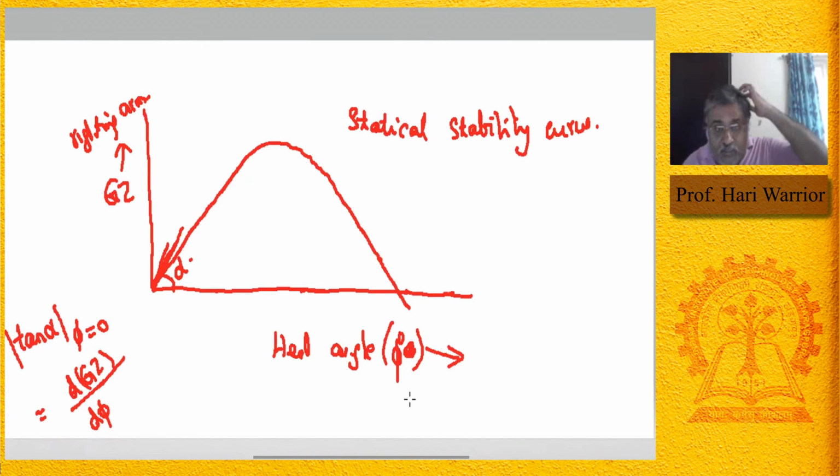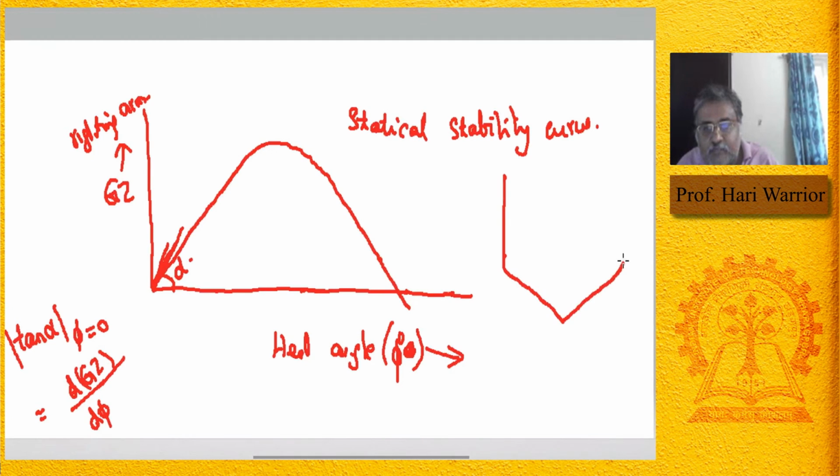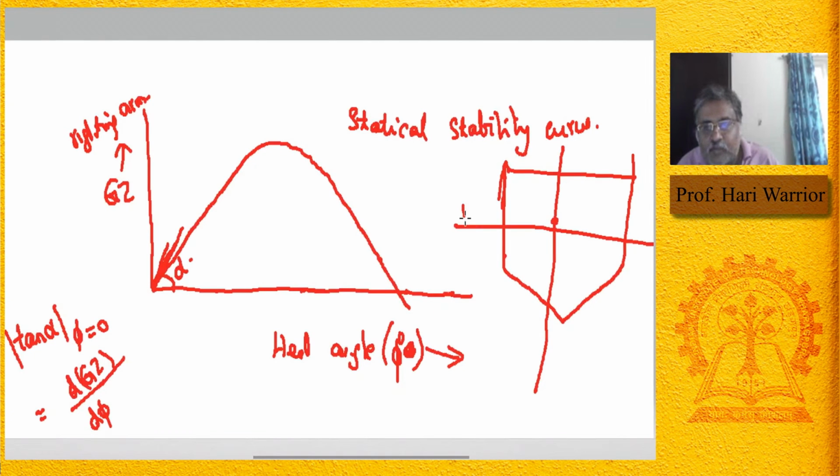Now I shouldn't have removed this, but there was a simple thing. Let's look at this figure, the same figure that I drew last time. This is the vertical. This is the initial water line, WL.